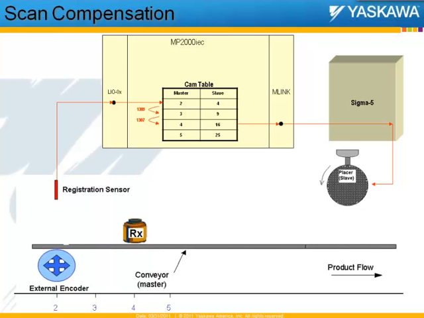Now these are adjustable, so if you want to make adjustments based on what you see in your application, you're free to do that, and you can use PLC Open function blocks like read parameter or write parameter to make adjustments to these compensation parameters.